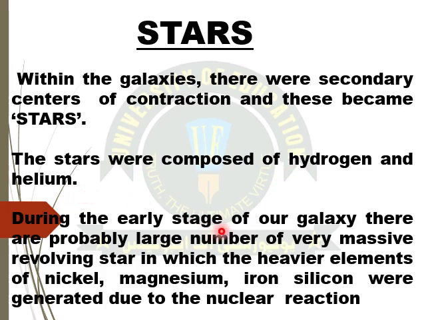In the early stage of our galaxy, there were probably a large number of very massive revolving stars in which the heavier elements were present and reacting with each other. Among these elements, nickel, magnesium, iron, and silicon were the major ones. When they react with each other, they generate a lot of energy.